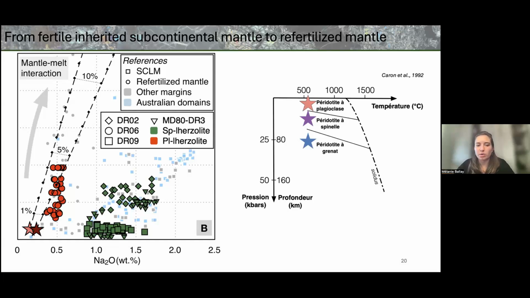So the dark red star is when 50% of spinel goes into plagioclase, while the lighter red star is when all the spinel goes to plagioclase. And here you can really see that the model fits the data and shows 4 to 5% maximal mantle melt interaction.